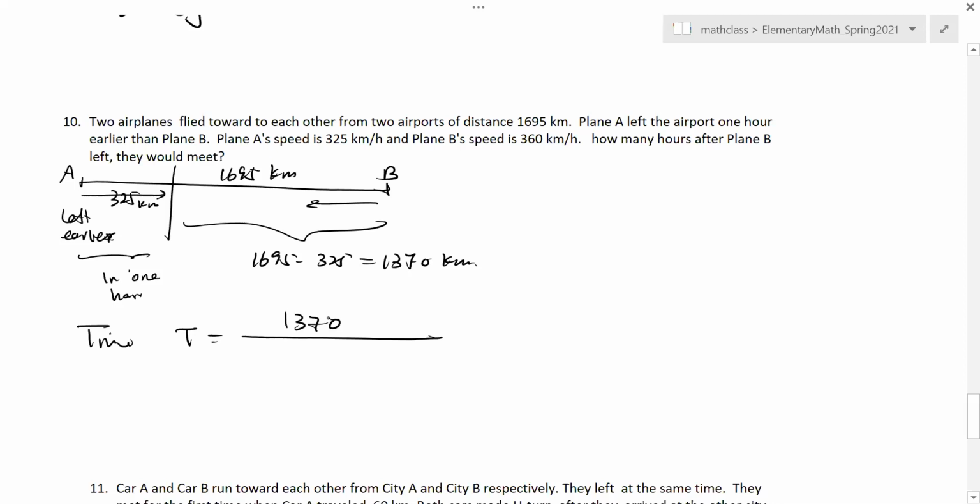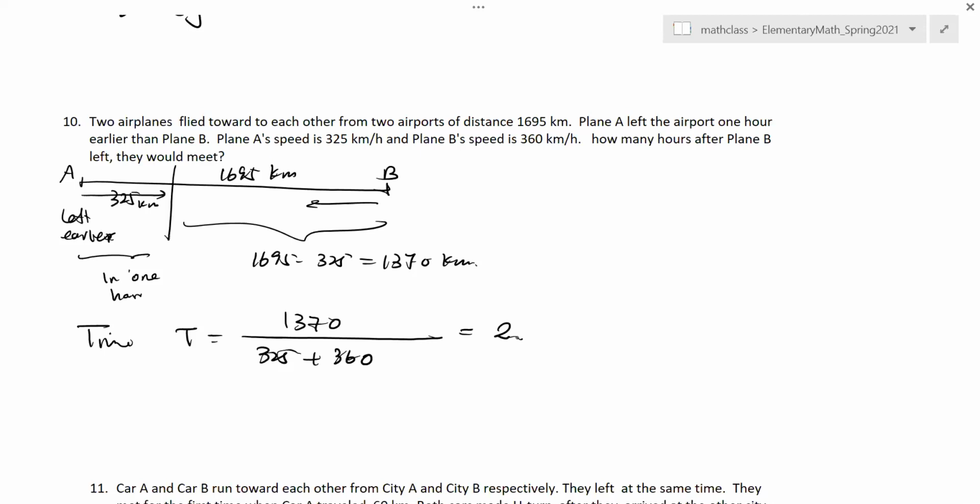The total distance is 1,370, but the combined speed is 325 plus 360. After simplifying, you just get 2. That is the answer: in 2 hours, they will meet.